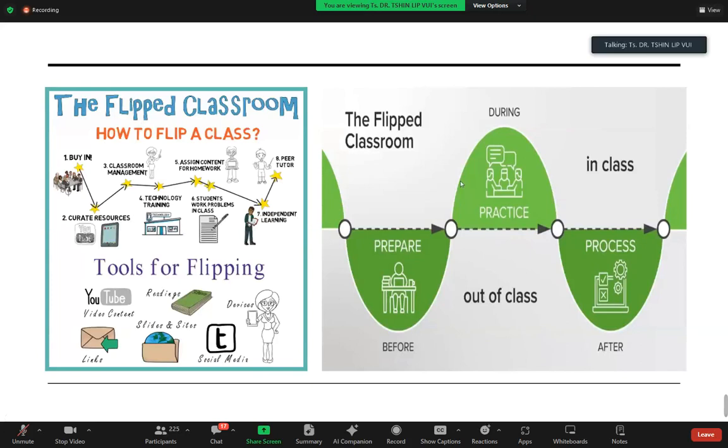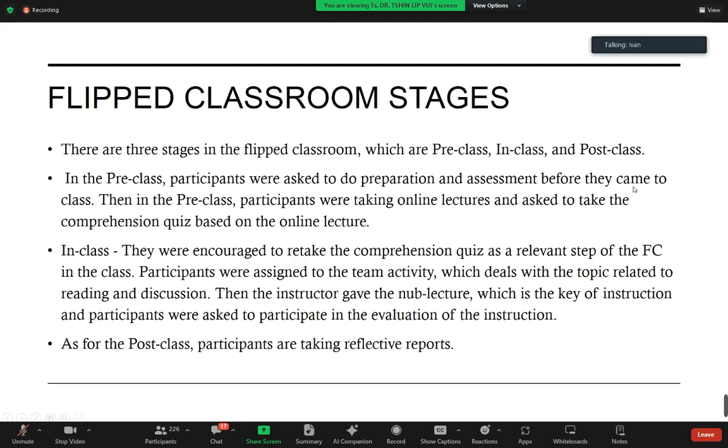Okay, some of the process. There are 3 stages actually. As I also mentioned, there are 3 stages: pre-class, in-class, and post-class. In the pre-class, participants were asked to do the preparation and assessment before they came to the class, taking online lectures and a comprehension quiz based on the online lecture.